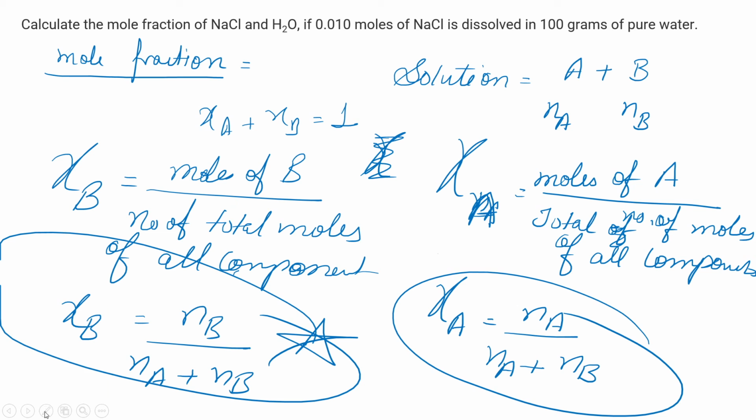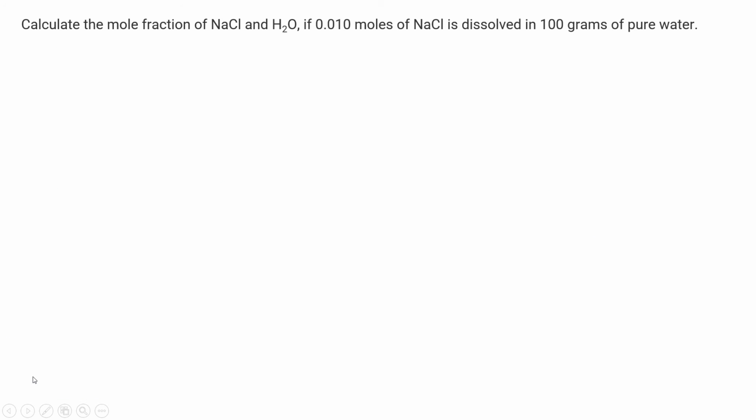So let me also define this, to make it clear to you. Let's say we have three components in a solution, A, B, and C. Okay, it is forming a solution. Moles of A are Na, moles of B are Nb, moles of C are Nc.